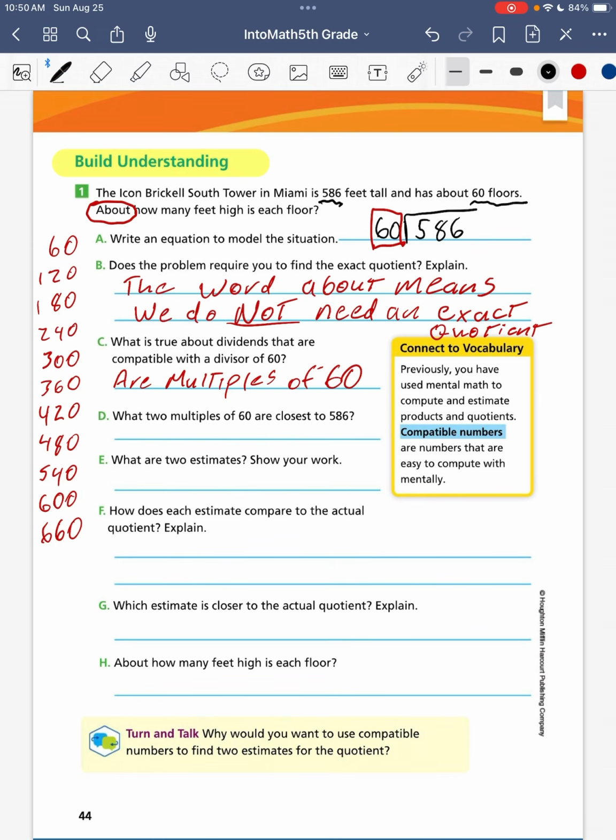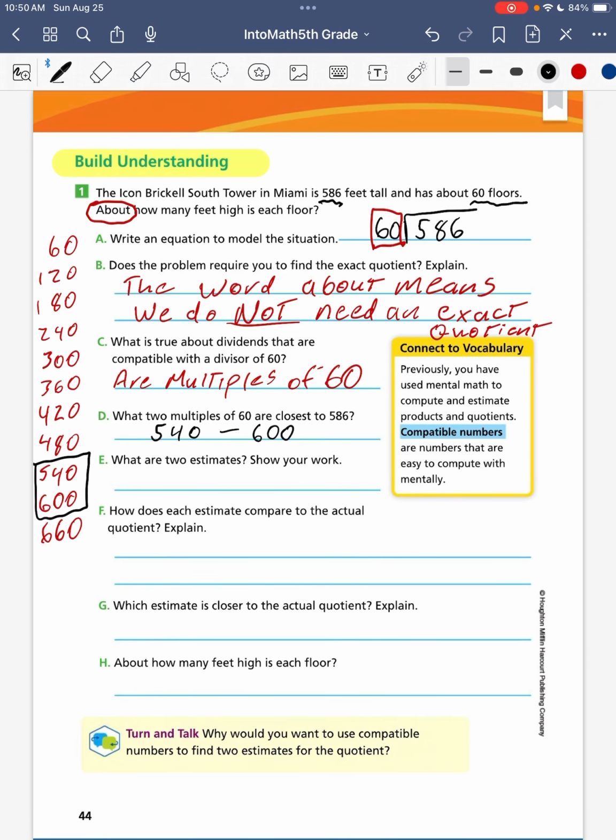What two multiples of 60 are closest to 586? We have 540 and 600 are the two closest multiples of 60 to 586.